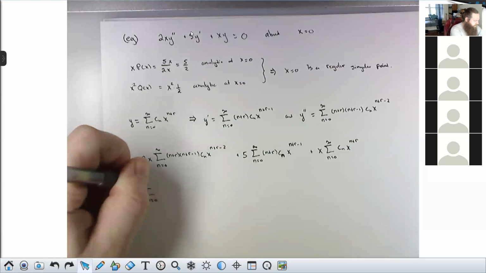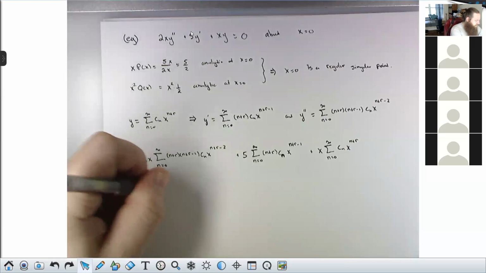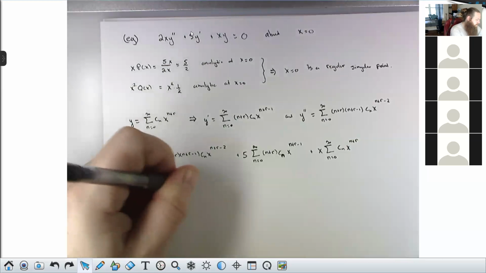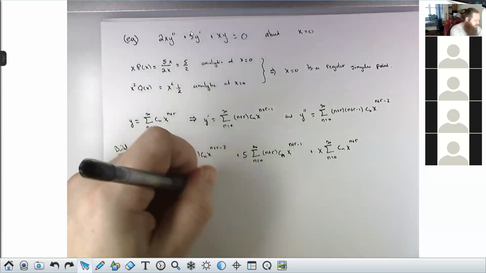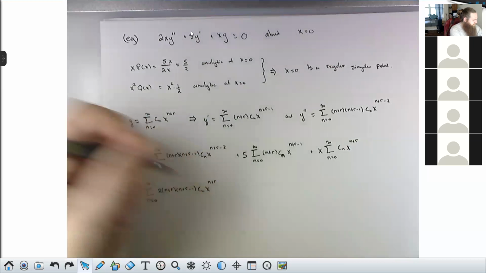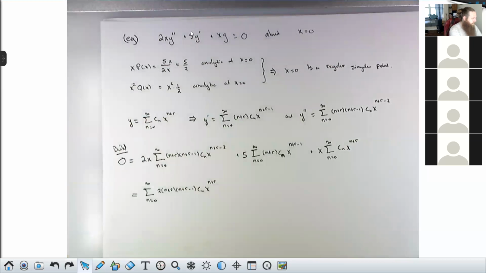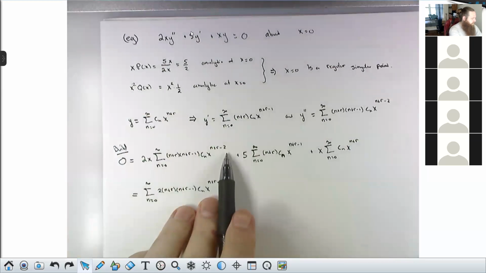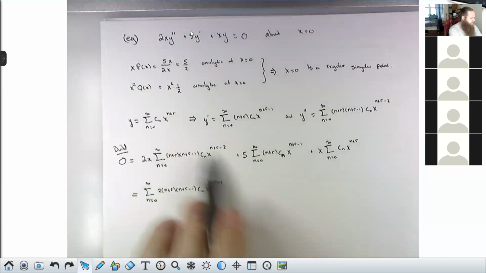So it's sigma n from 0 to infinity, 2 times n plus r times n plus r minus 1, Cn x to the n plus r minus 1. N plus r minus 2, I multiply by x to the 1, the power goes up by 1.